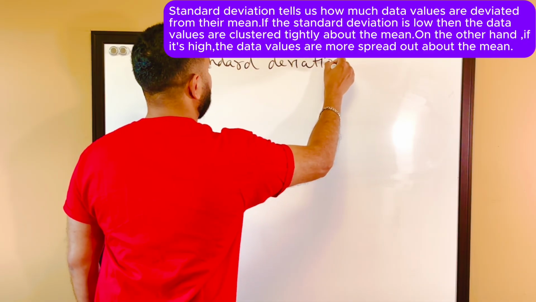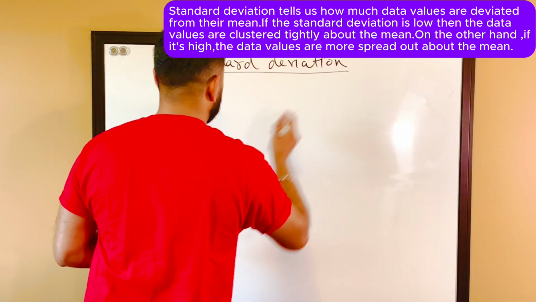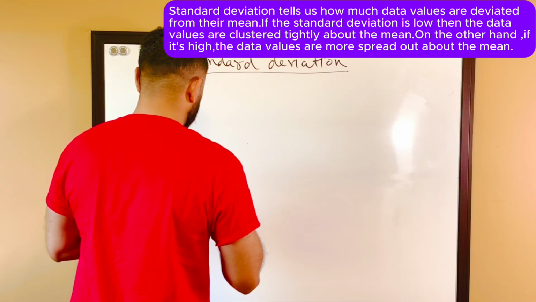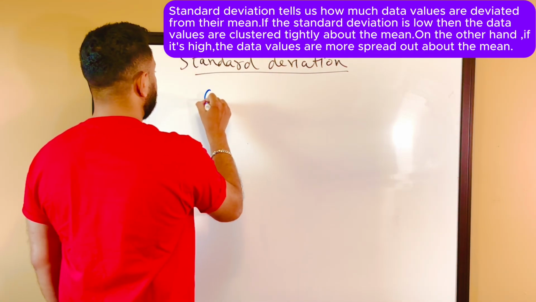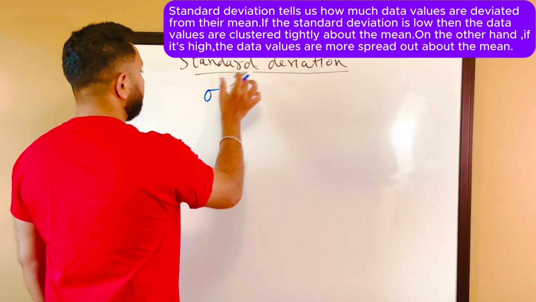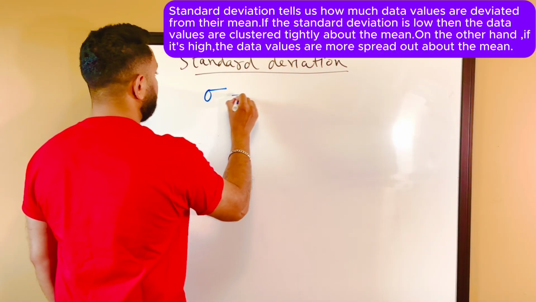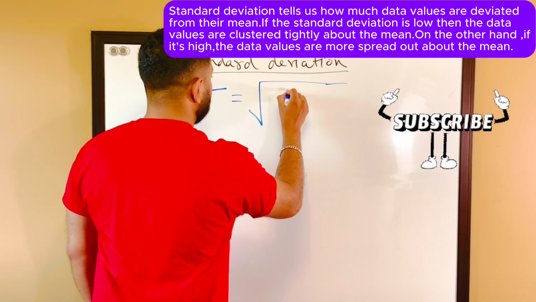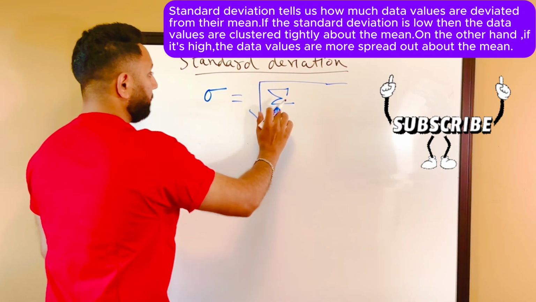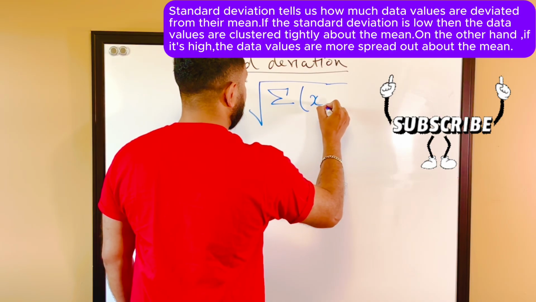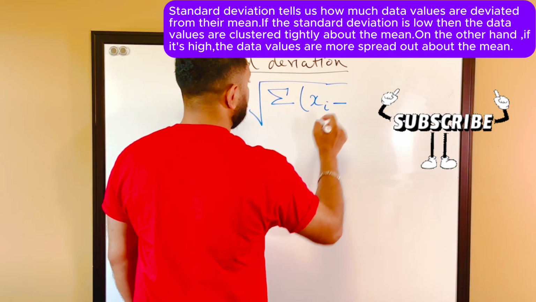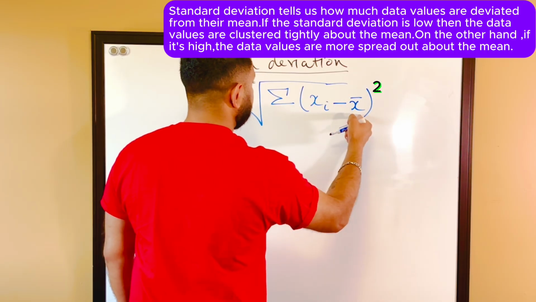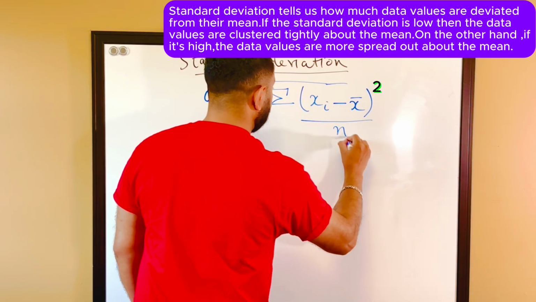And the formula to calculate the standard deviation is, we represent standard deviation by sigma, under root of summation of (xi minus x bar) squared, divided by n.